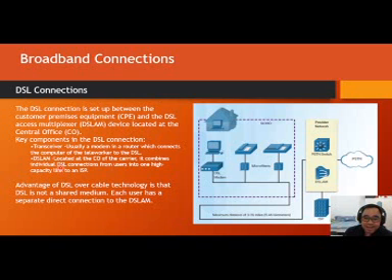So DSLAM is located at the CO of the carrier. It combines individual DSL connections from users into one high capacity link to an ISP. So the advantage of DSL over cable technology is that DSL is not a shared medium. Each user has a separate direct connection to that DSLAM.